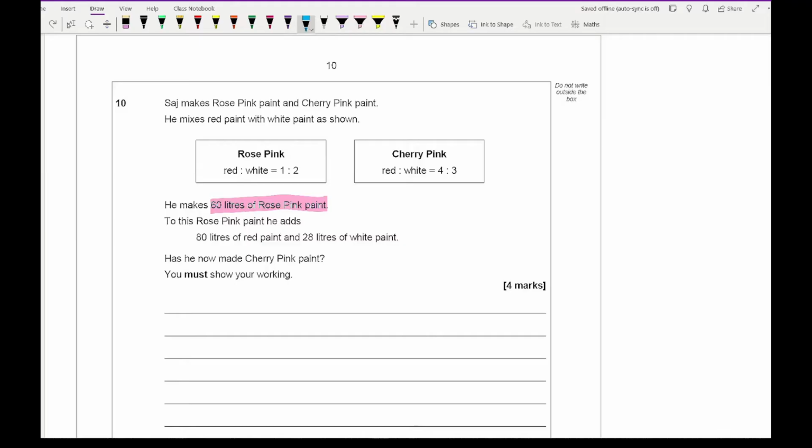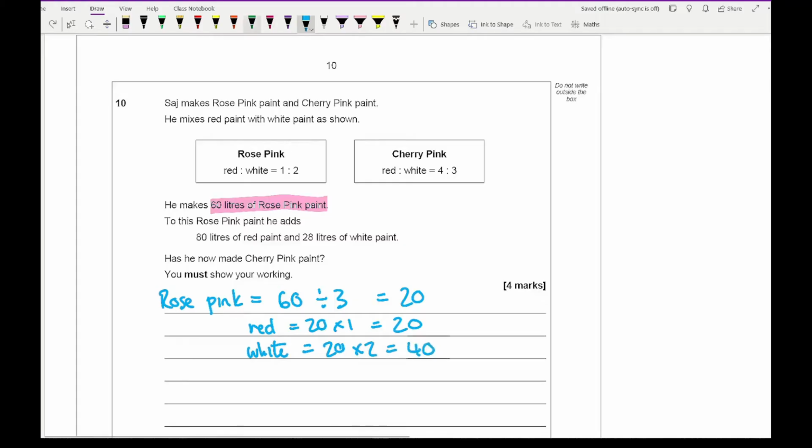To make the rose pink, we do 60 divided by 3, which gives us 20. And then for the red paint, we've got 20 times 1, which is 20. And for the white paint, we've got 20 times 2, which is 40. So this is basically how much paint we've got of the 60 litres of the red and white.